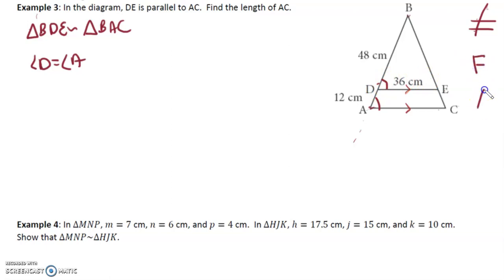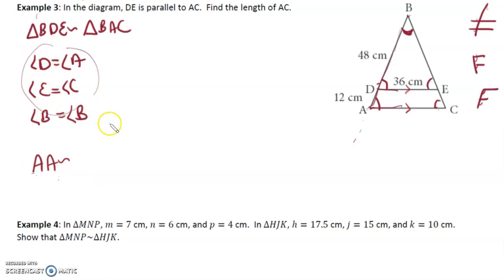It looks like this or like this. That's what this is, upside down. And then angle E equals angle C. And B is shared, it's in both triangles, so angle B equals angle B. Because of the AA, angle-angle theorem, and we only need to state two of these, these are definitely similar triangles.